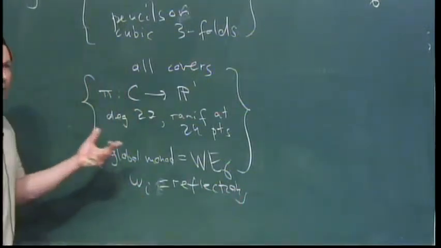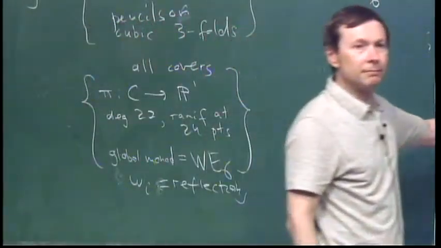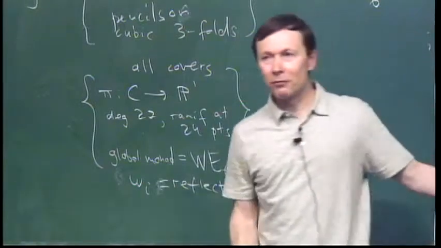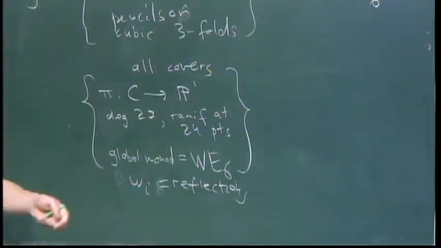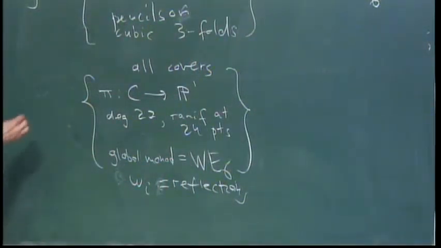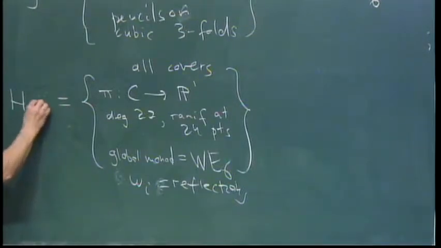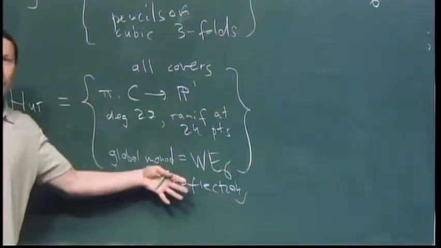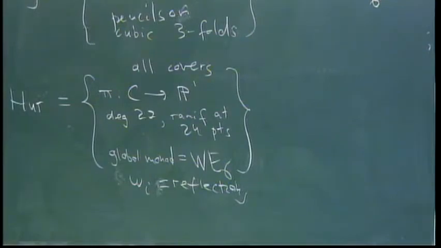So you look at all covers of this form. You don't care if they come from cubic 3-folds. You just look at all of them. So that's a Hurwitz scheme, parameterizing curves with extra data, ramification data.